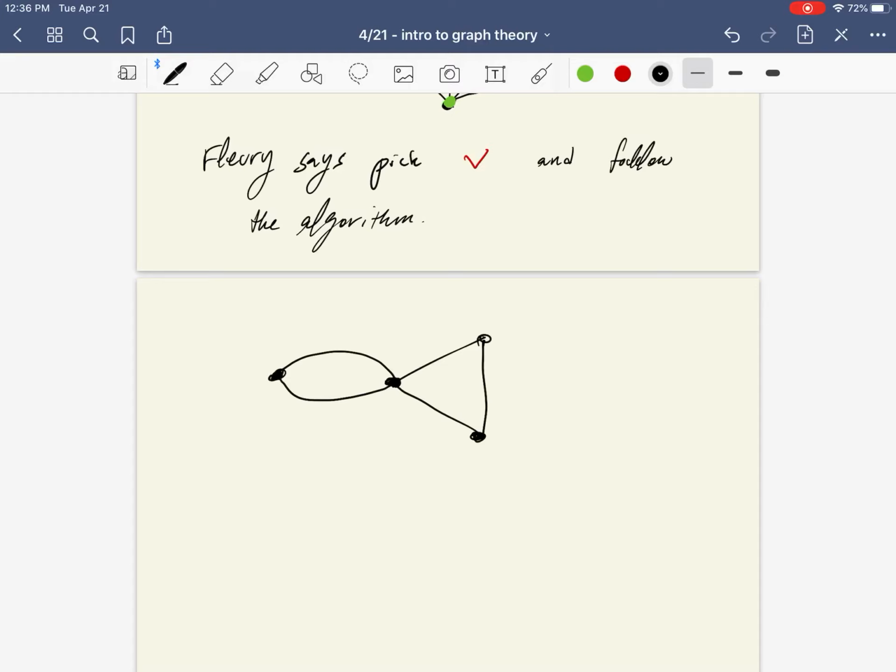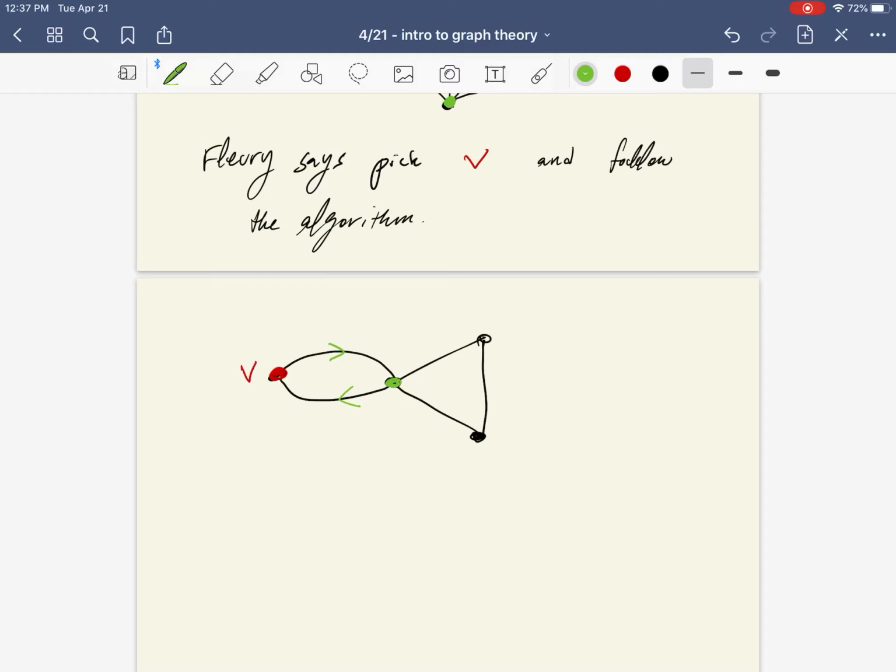So this is a little worrisome for me now, because Fleury says to pick our vertex V over here, and we take this edge over to here. And now, if Fleury wants us to always go back to a vertex we've already seen, it should take us back to V, but now we'll be stuck. So this is kind of interesting.